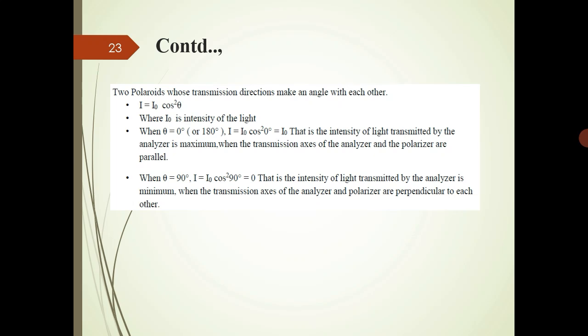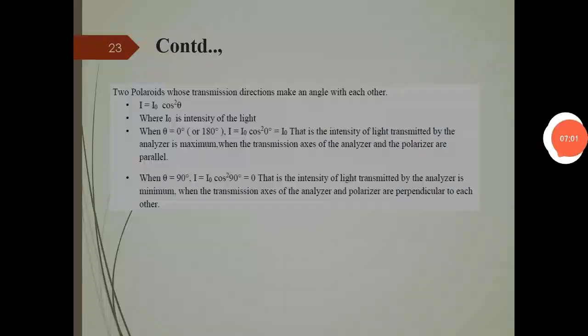When theta is equal to 90 degrees, I is equal to 0. The intensity of the light transmitted by the analyzer is minimum when the transmission axes of the analyzer and the polarizer are perpendicular to each other.